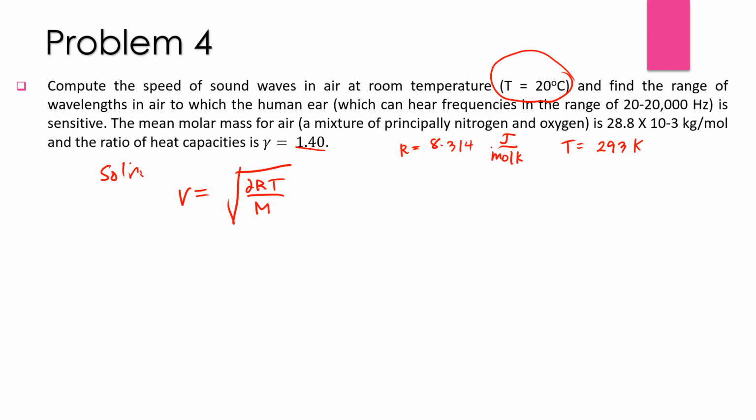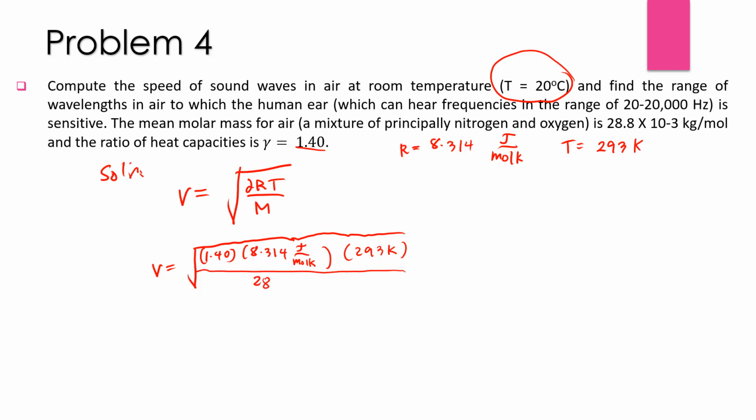293 Kelvin. Okay, so therefore v is equal to the square root of gamma, which is 1.40, times R, which is 8.314 joules per mole Kelvin, times the temperature, which is 293 Kelvin, divided by the molar mass, which is 28.8 times 10 to the minus 3 kilograms per mole.